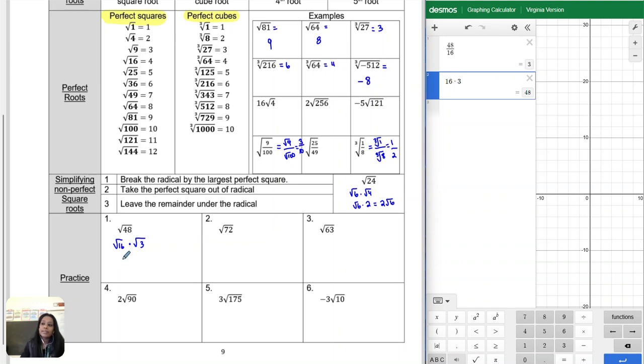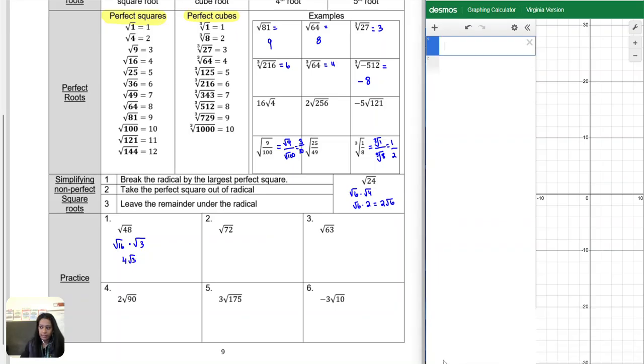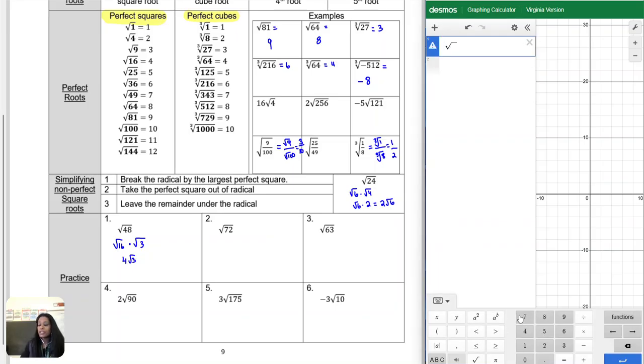And square root of 16 is 4, so 4 square root of 3 is my final answer. If you want to check if you did it right, you can do a quick check by putting everything back in. Square root of 48 gives you this, and 4 square root of 3 gives you the same answer. That's another way you can check your answers.